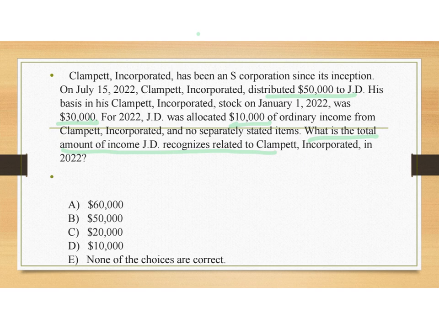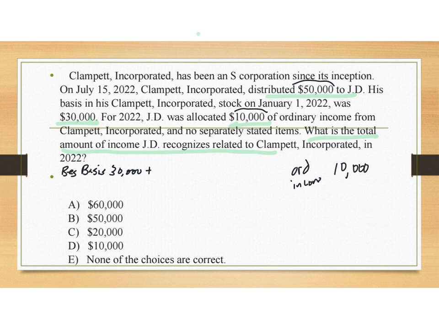Okay, so let's figure that out. Obviously he was allocated $10,000 of ordinary income, so we know he's got $10,000 of ordinary income, okay? But is there a tax impact as a result of this distribution? We know that his beginning basis was $30,000.